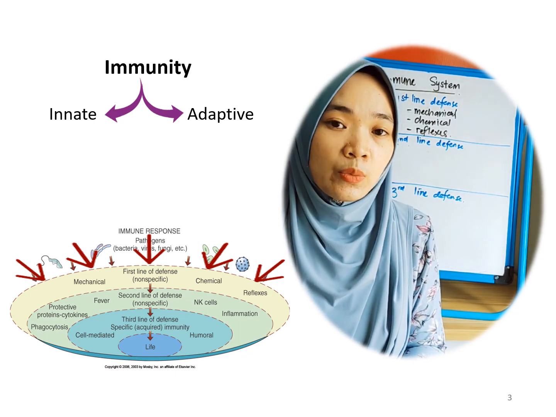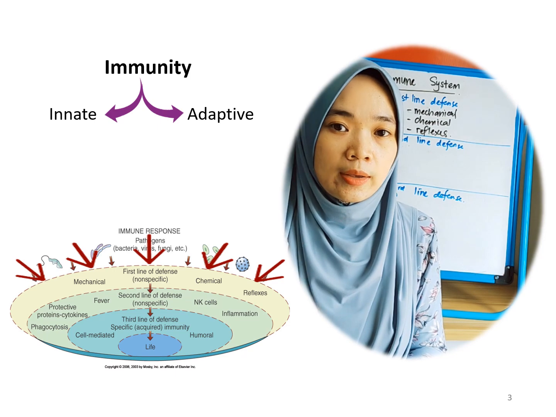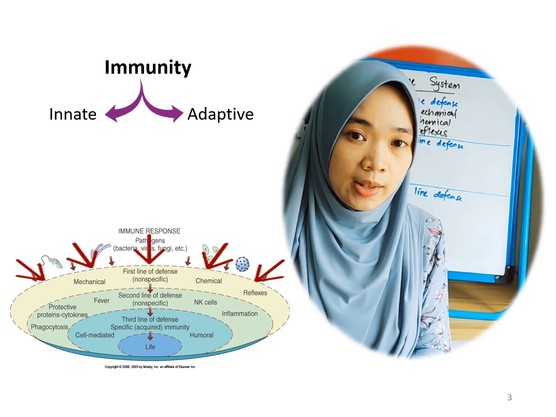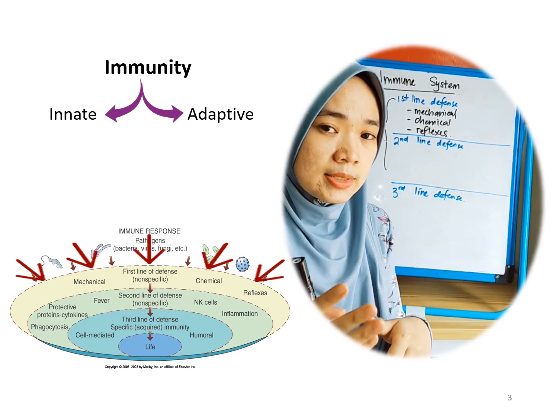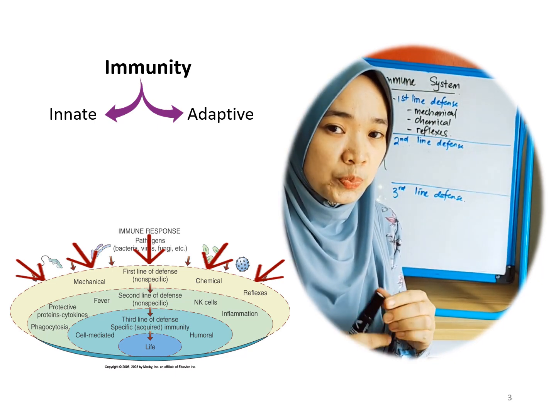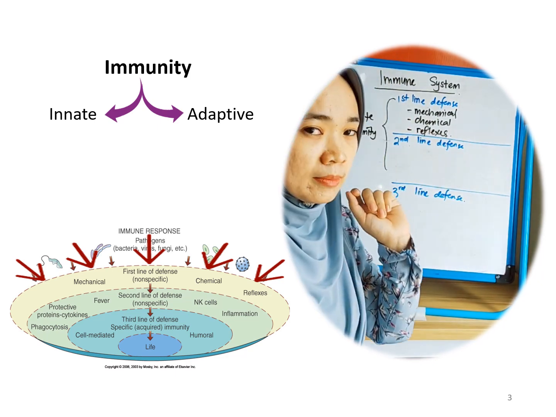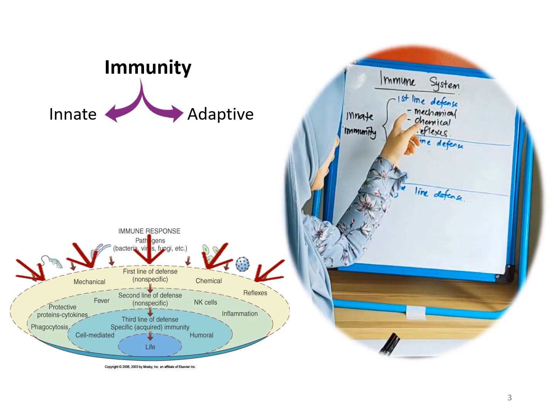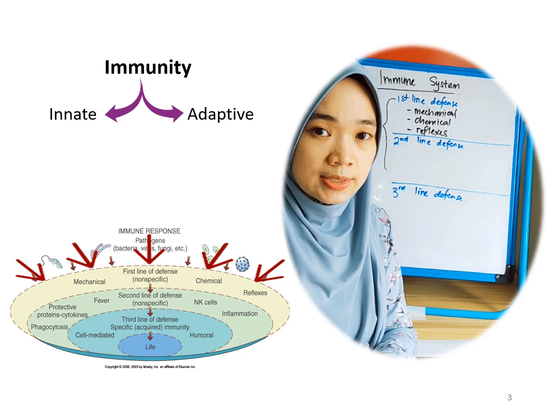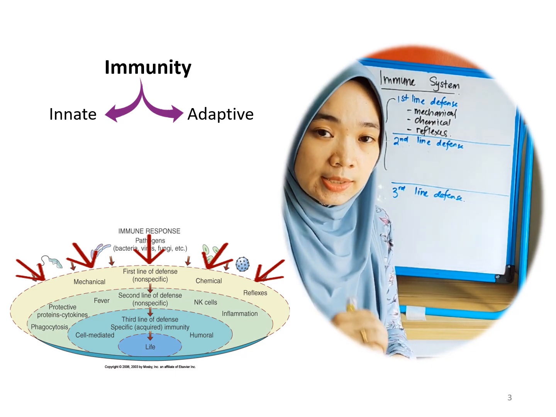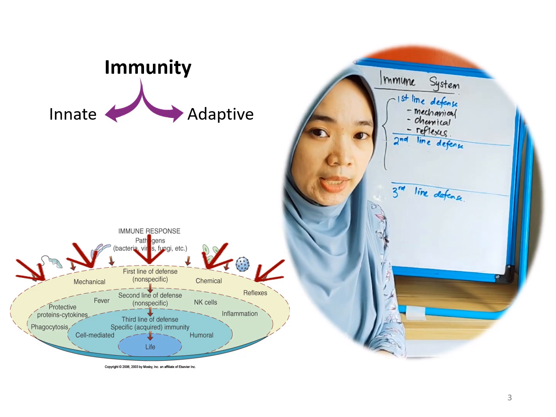It will destroy our organs and our brain, and that is life-threatening. To prevent that, the first line of defense has mechanical protection: the skin protects us from pathogens entering the bloodstream. Very simple.